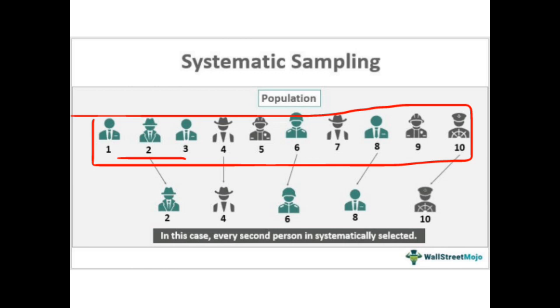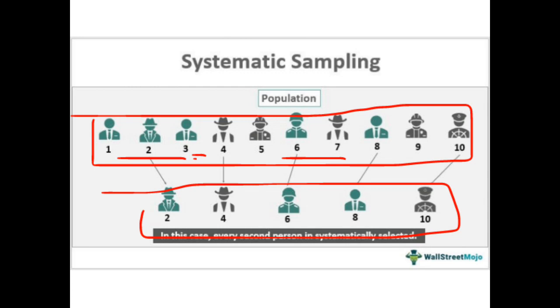As you can see, he started with the second individual, then the fourth individual, the sixth individual, so that you can get the sample. As you can see, the sample consists of individuals with even numbers. That is what we call systematic sampling: selection of individuals using a regular interval.